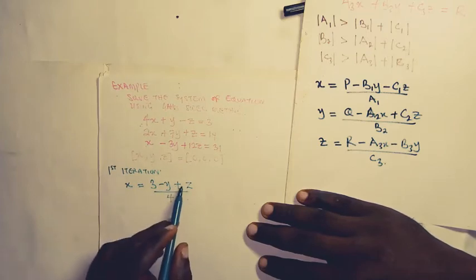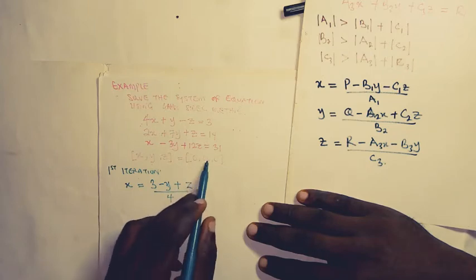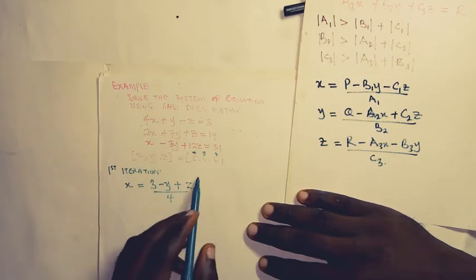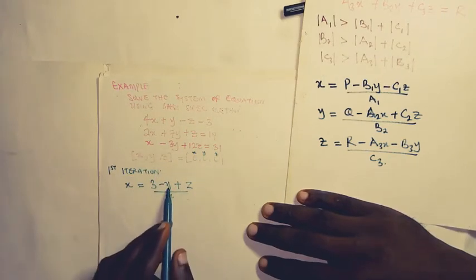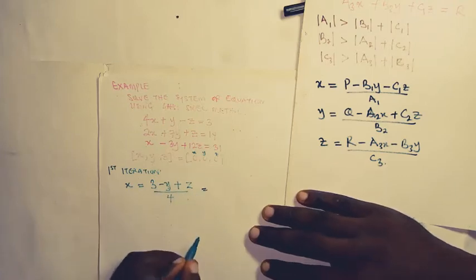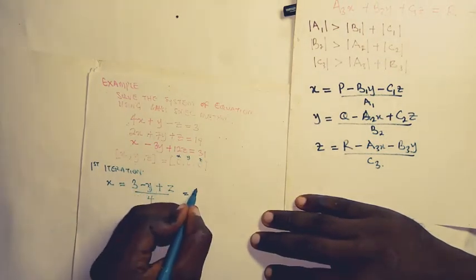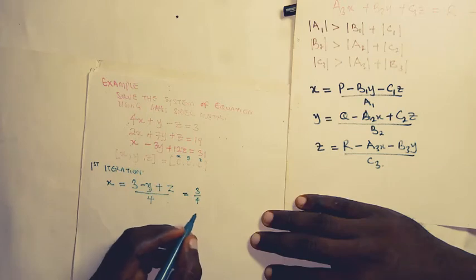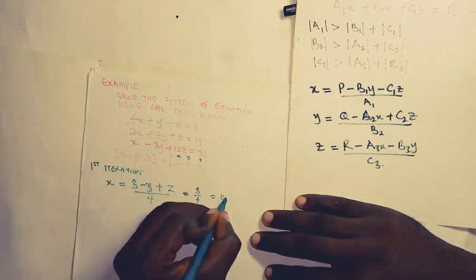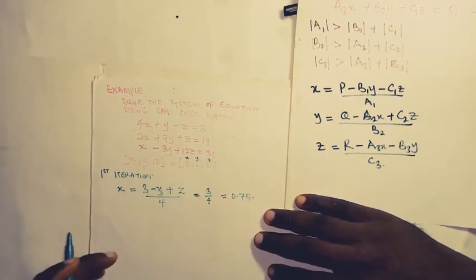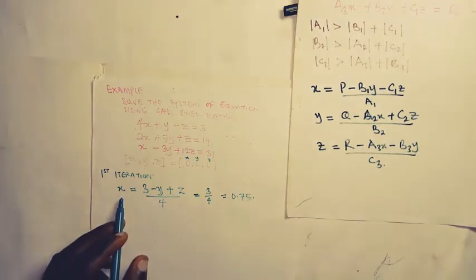Remember, our x, y and z are 0, 0, 0 because we have initial guess to be 0. So y is 0 here, z is 0 here. So this simply gives us a simple solution, because 3 minus 0 plus 0 is still 3. 3 over 4, and that gives us equals to 0.75. That is our first value for x.